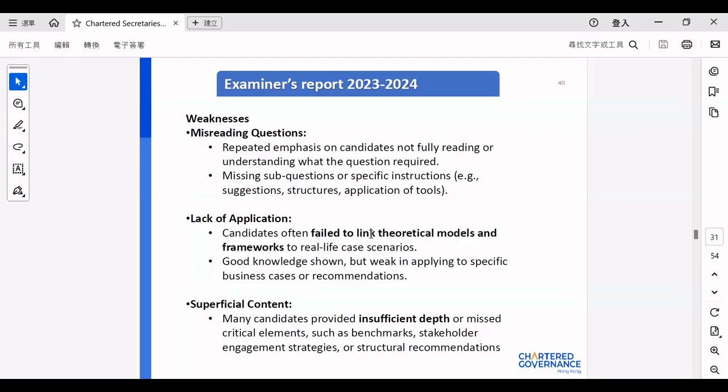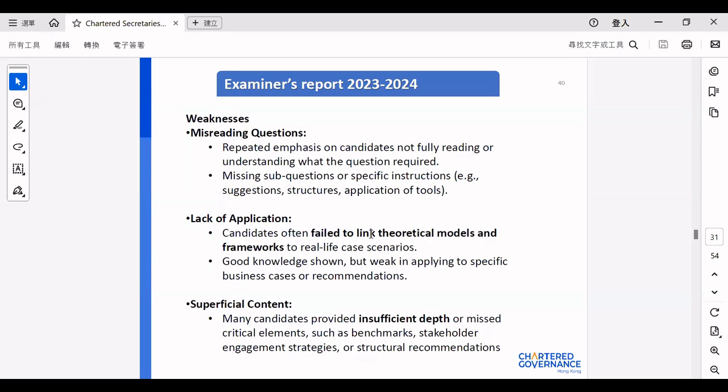But that's why this is a comment from the examiner that candidates did not read the questions properly, because they don't understand what's being required. They thought what they have prepared is what the examiner required. But in many cases, this is not the case. What they have prepared is not what the examiner wants to see.